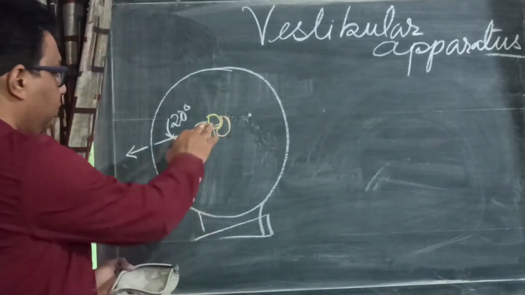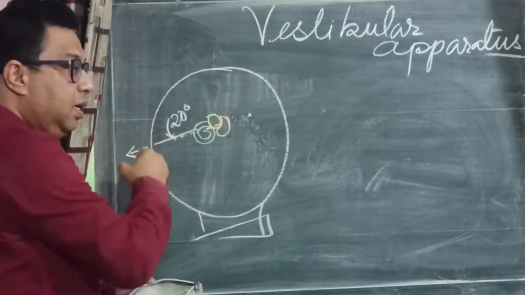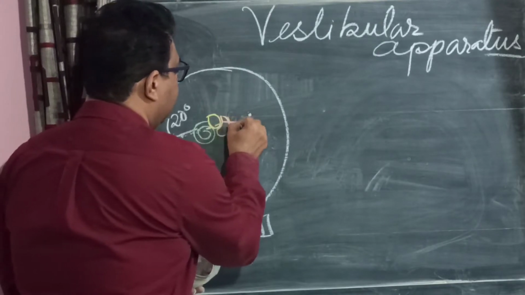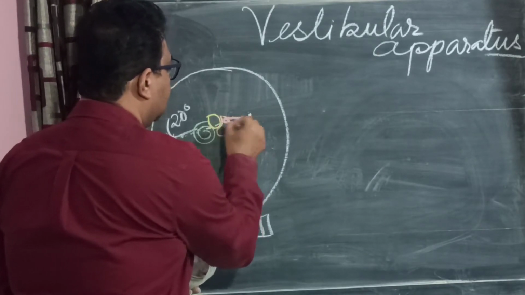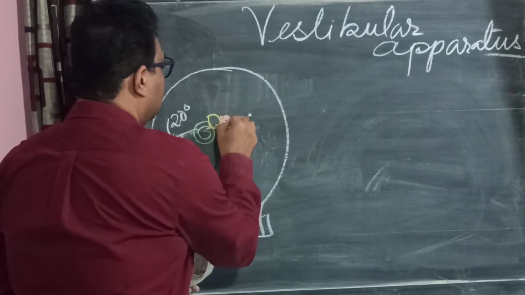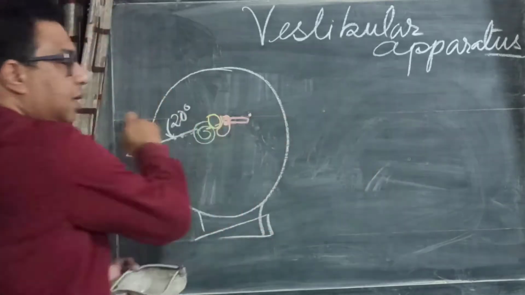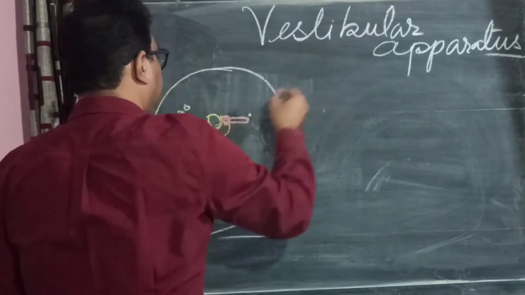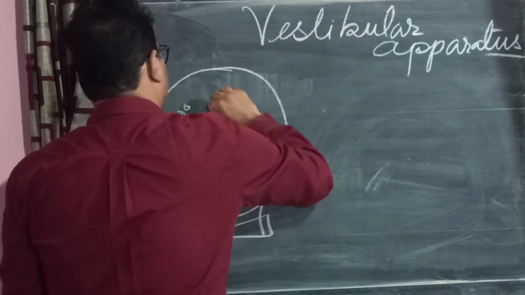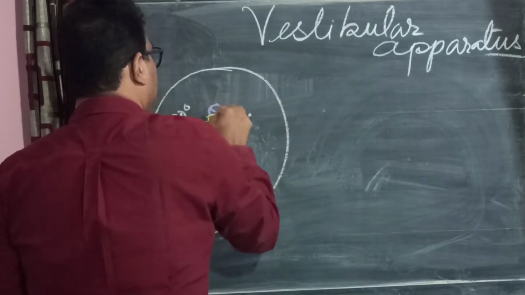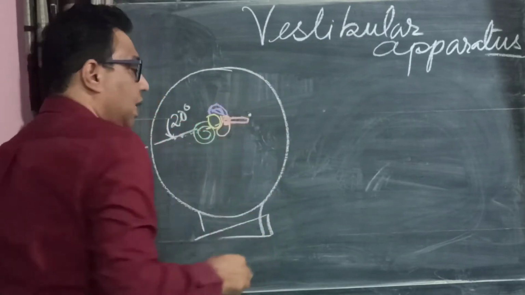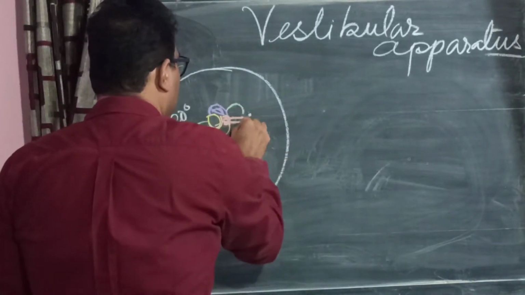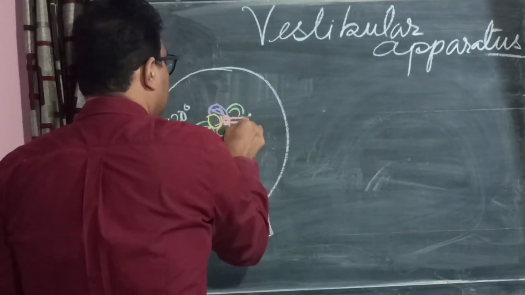Then we have the utricle. And because the person is looking a little down, 20 degrees from the horizon, here the horizontal canal is placed in a horizontal plane. The other two canals, the anterior canal and the posterior canal, are also visualized.